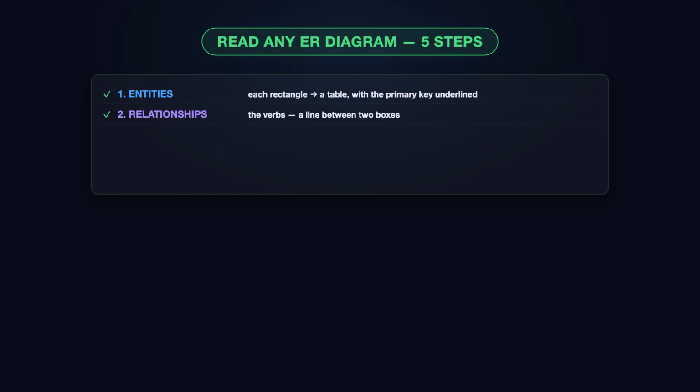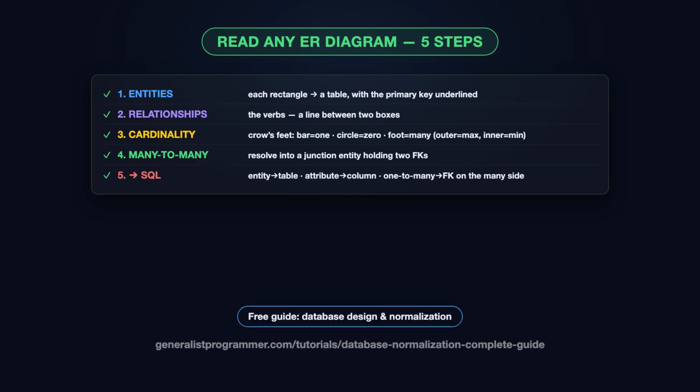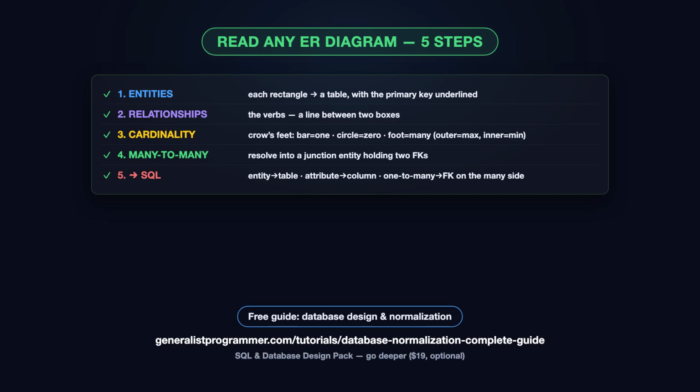So that's the entire language of entity relationship diagrams, start to finish. Entities are rectangles, and each one becomes a table. Attributes are the columns listed inside, with the primary key underlined. Relationships are the verbs, the lines drawn between the boxes.